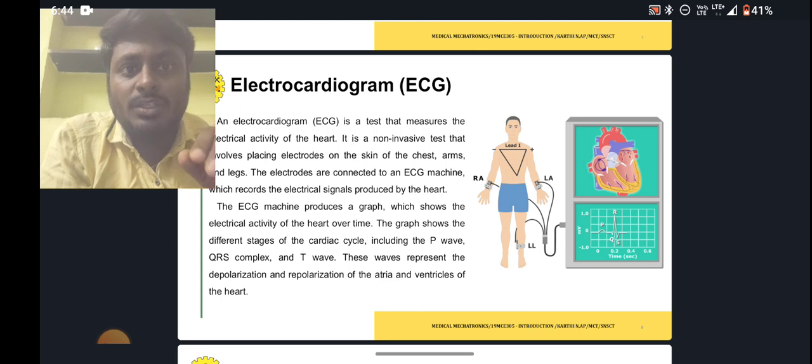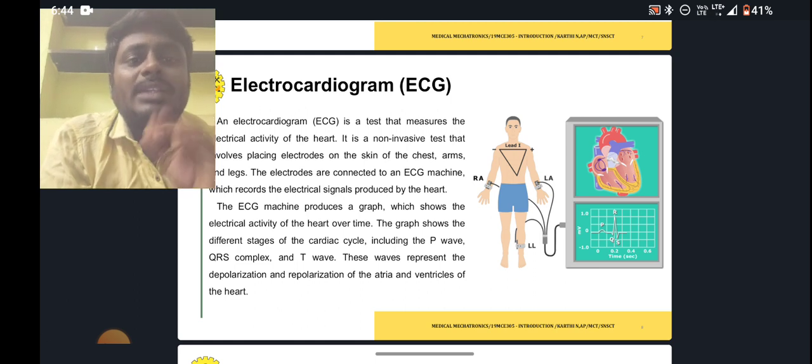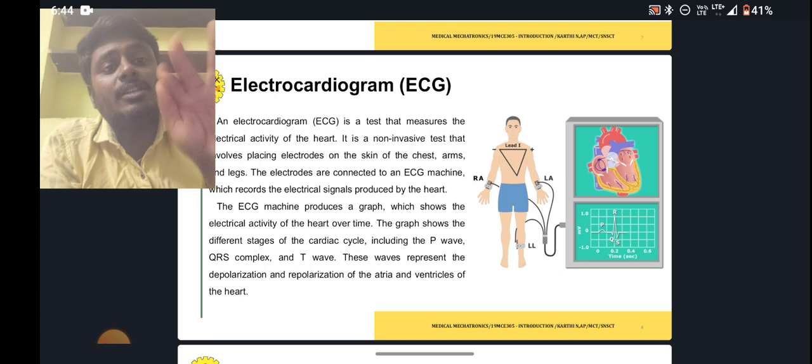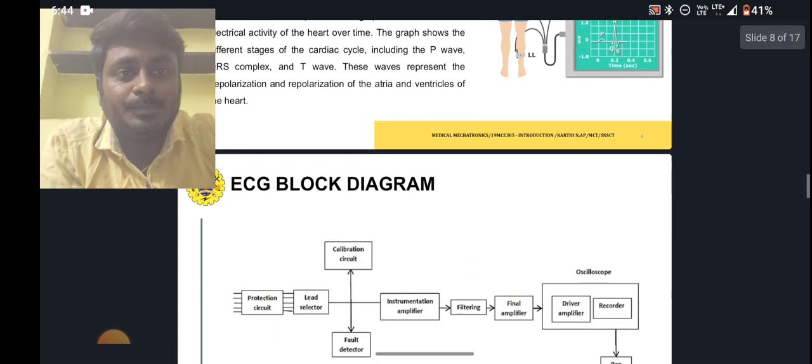The graph shows different stages of the cardiac cycle, which include the QRS complex, P wave and T wave, simply known as the PQRST wave. These waves represent the depolarization and repolarization of the atria and ventricles of the heart.